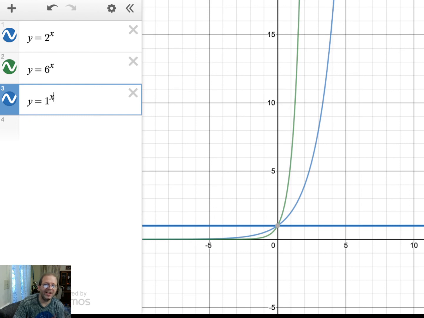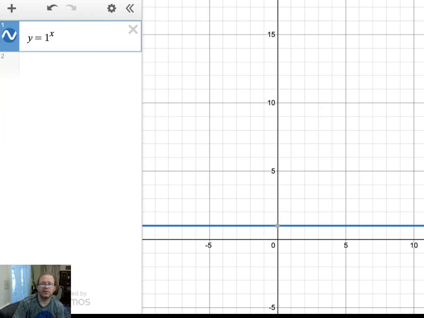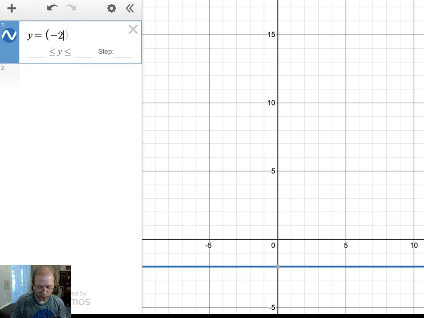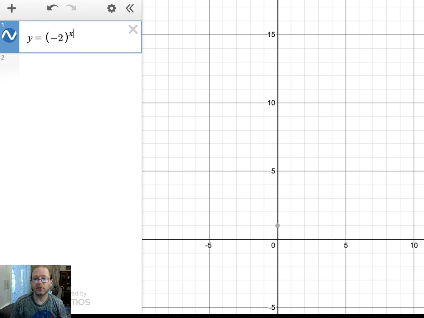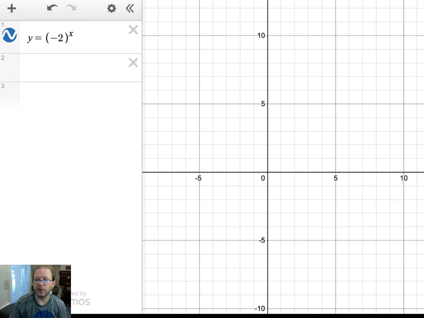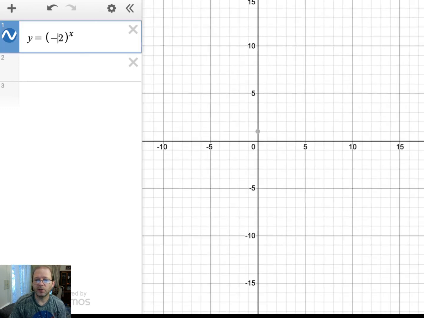What happens if you put in a negative number and raise it to the x? Well, let's see. Put in negative 2 to the x. What we get is not going to be an exponential function. It won't even graph it for us. The thing is, you run into some problems there because we could graph negative 2 to the x for some numbers.